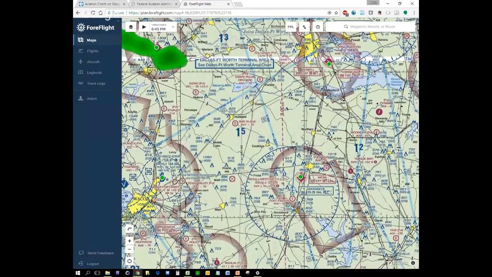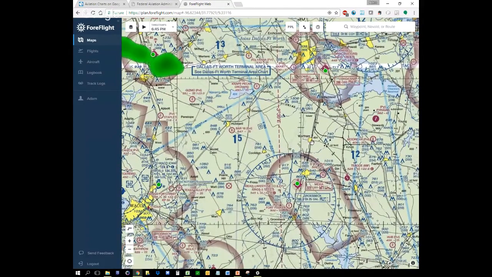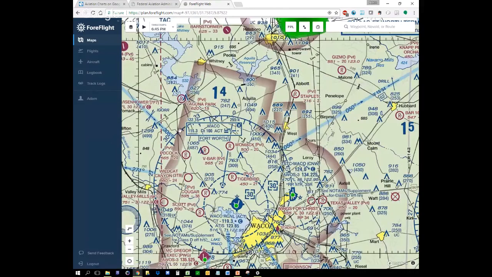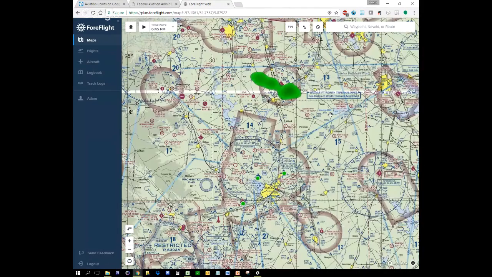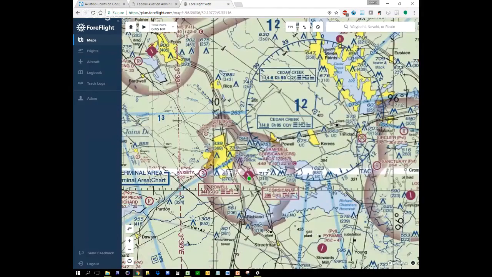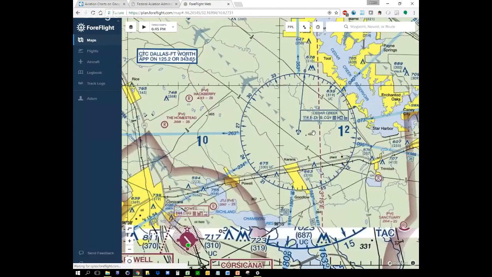So we're going to dial in our VOR radios. I'm going to put 115.3 into the number one VOR, and I'm going to put 114.8 in the number two VOR.